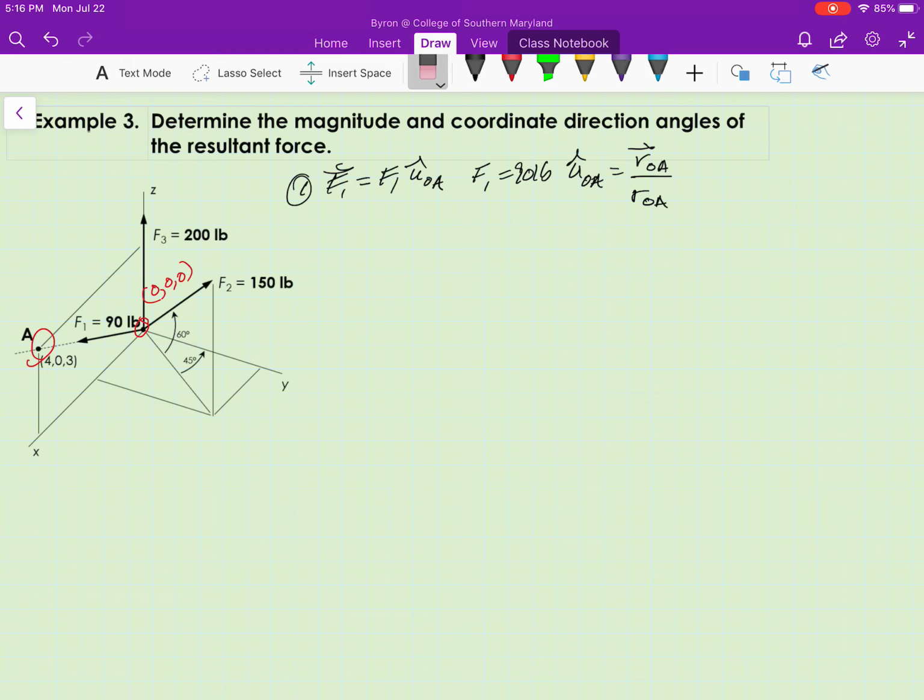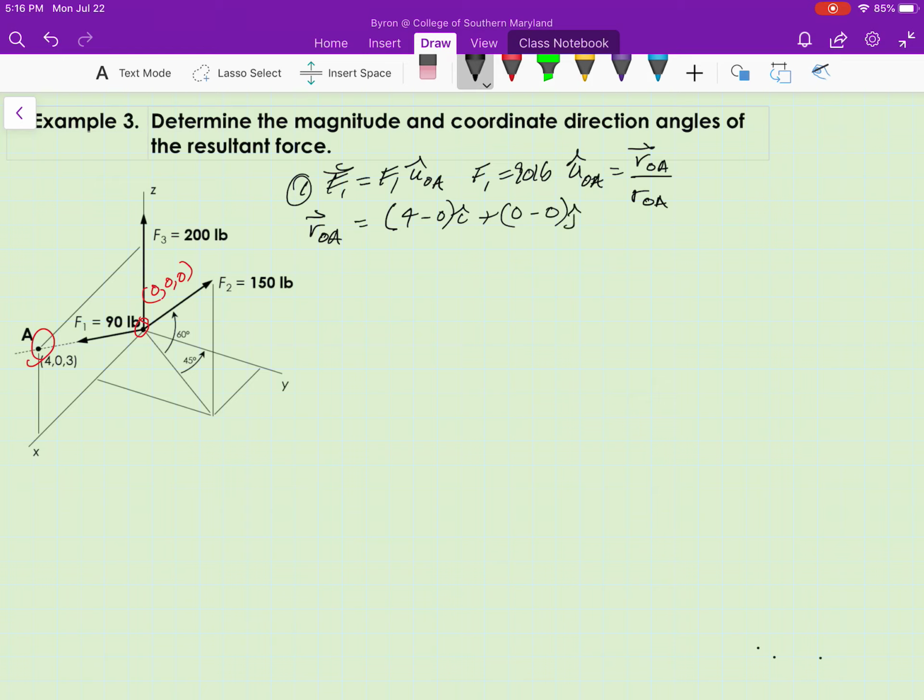Okay, now let's look at the position vector R from O to A first. The position vector R sub OA can be calculated by taking the x-coordinate of A, 4, subtracting the x-coordinate of the origin, 0, i, plus the y-coordinate of A minus the y-coordinate of the origin.